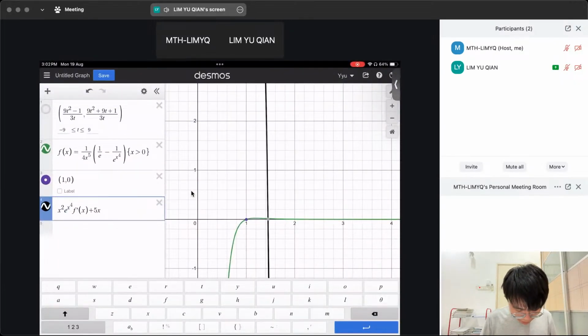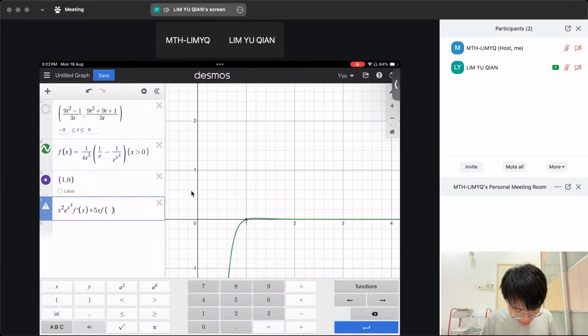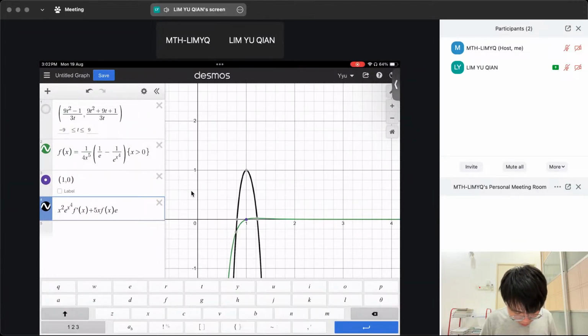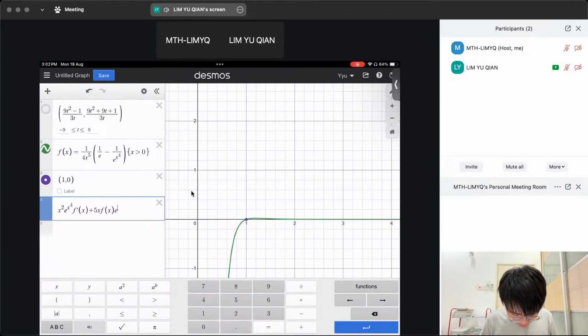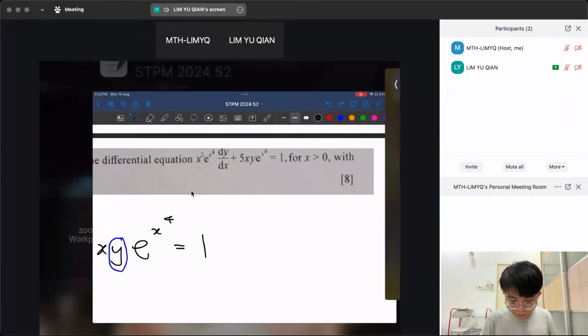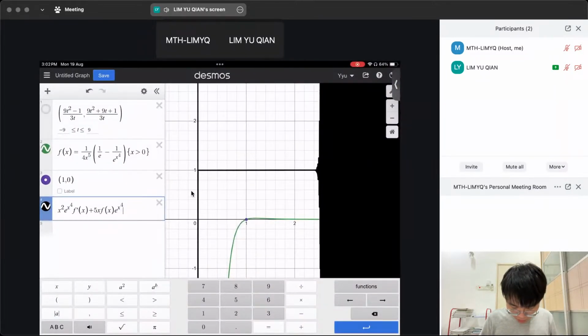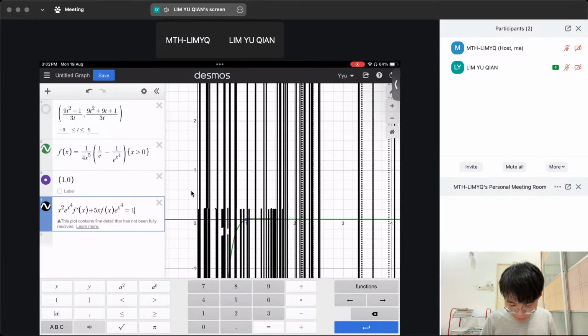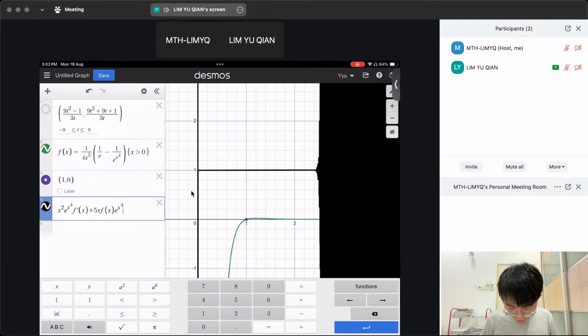You cannot put y, you must put f(x), and then e power x power 4. Don't care about that. They must equal to 1, or minus 1.